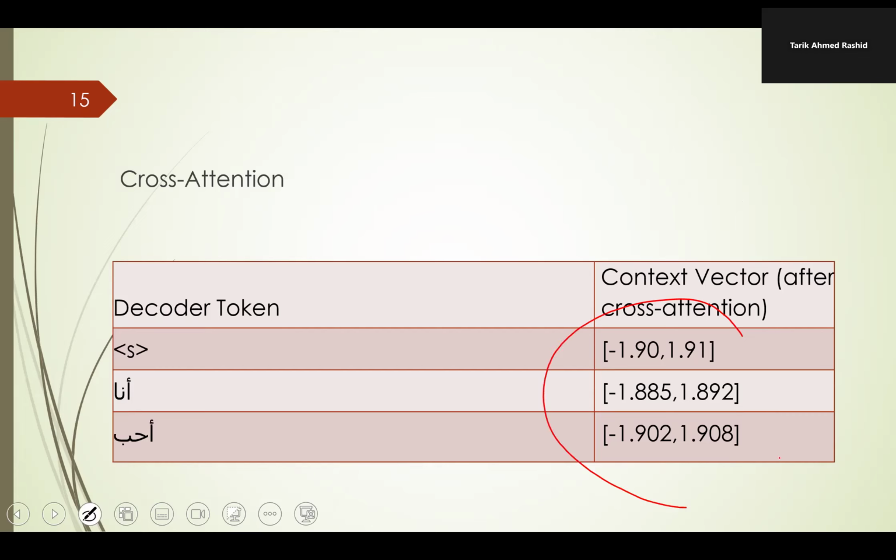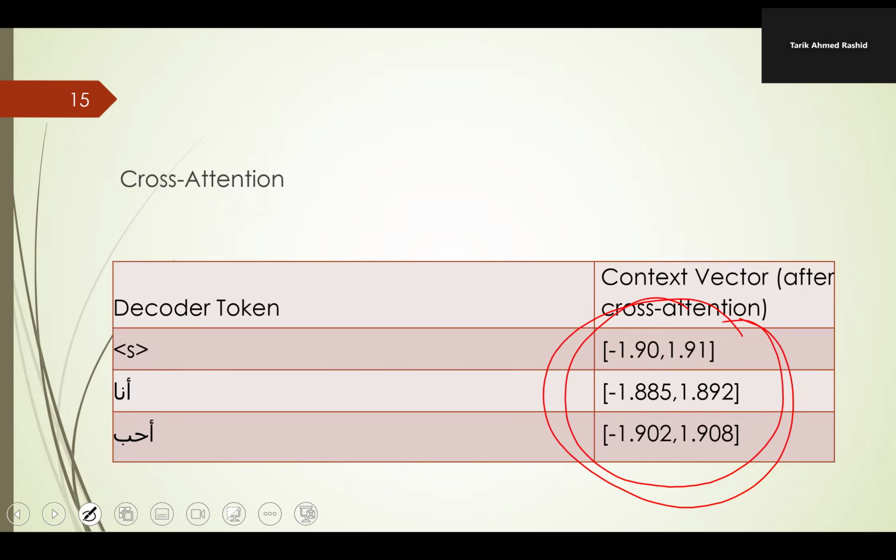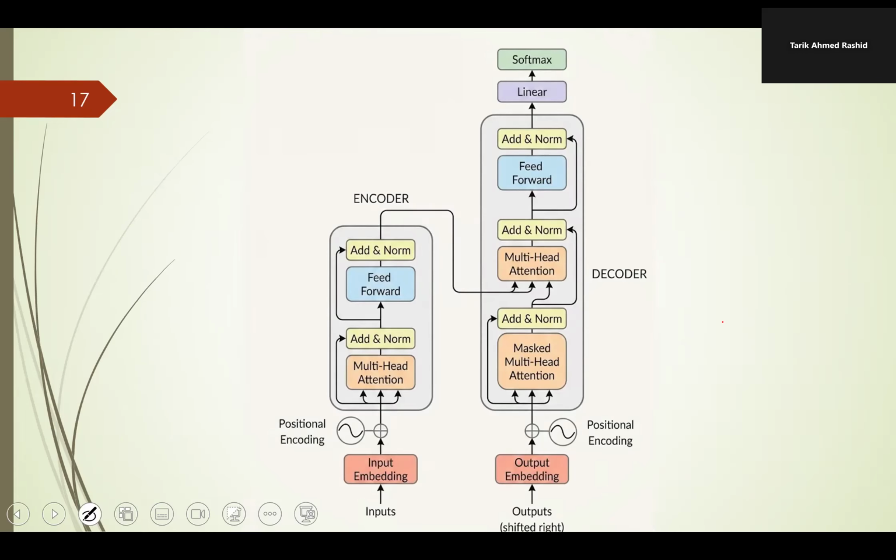Now, that is the result, and in the next part, we will add this residual to the original output from before going into cross-attention. So once we get this output, it goes to add and norm.